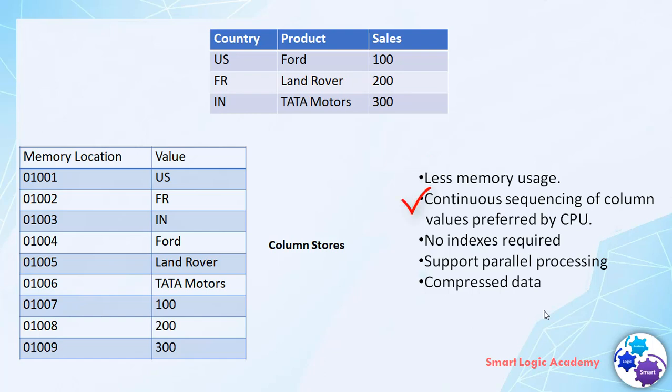Also in column store, the data is arranged efficiently with all values of a column appearing one after another. This continuous sequencing of column values is preferred by the CPU, and this increases the speed of data processing operations.